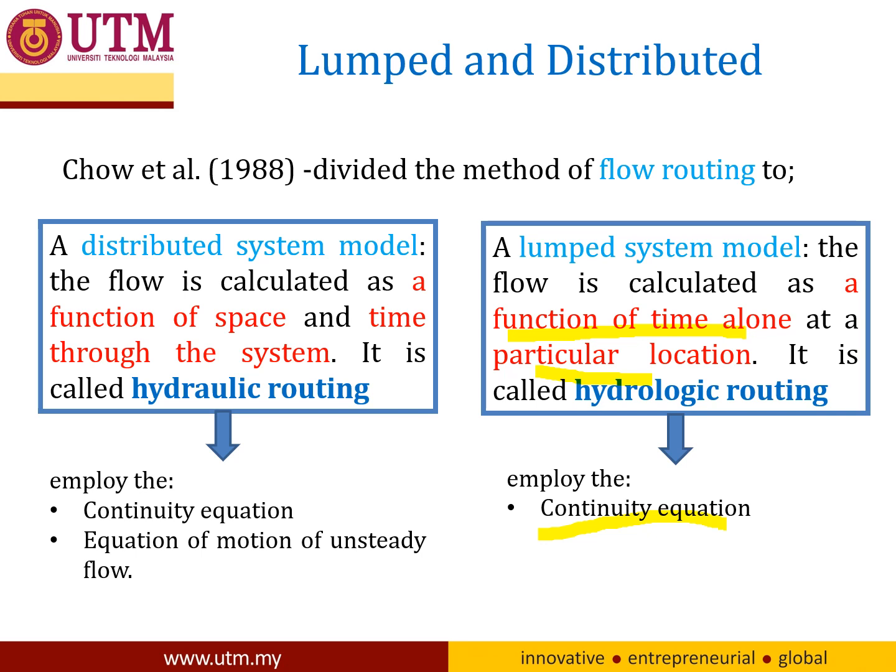For hydraulic routing, it also includes the equation of motion of unsteady flow. But for hydrologic routing, it only considers the continuity equation. And it's just at a particular location, compared to a hydraulic routing, which is a function of space. So for our scope, we will look into hydrologic routing.